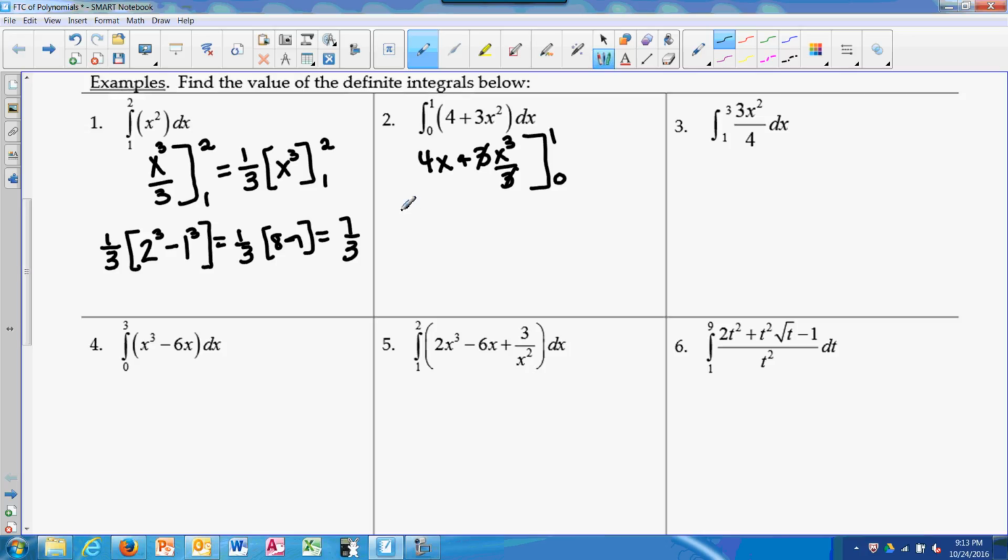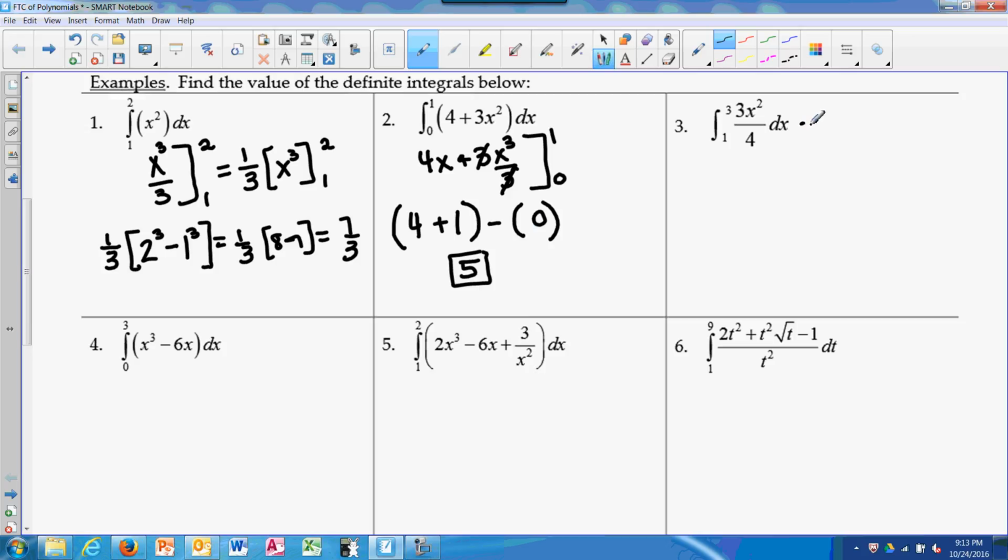So now the fundamental theorem says I substitute the top value in, which is 1. So 4 times 1 is 4. 1 cubed, since our 3's canceled, is just 1. Minus, if I substitute the bottom in, I get 0 plus 0. So my final answer is 5.